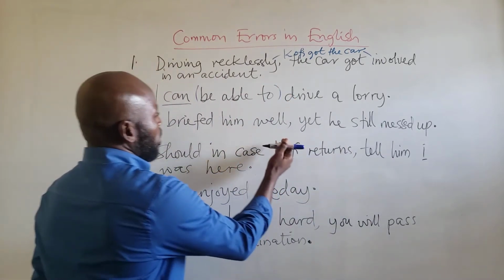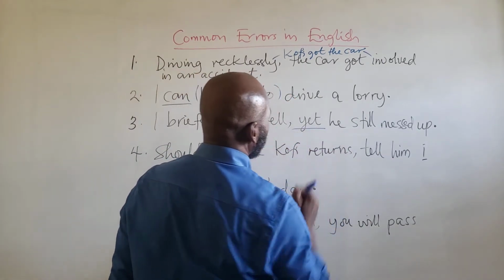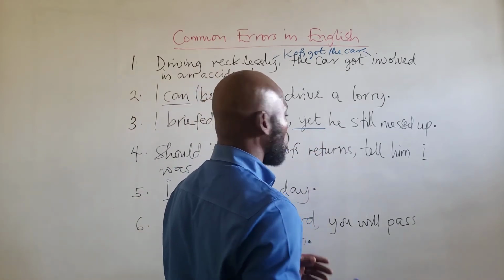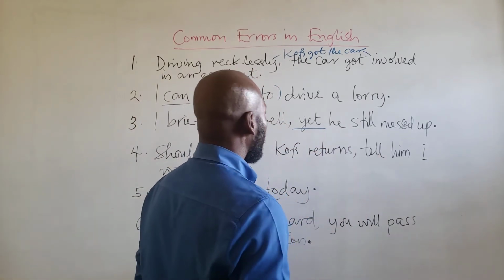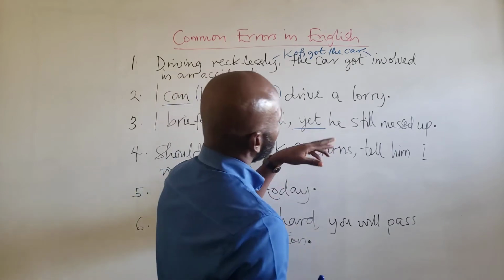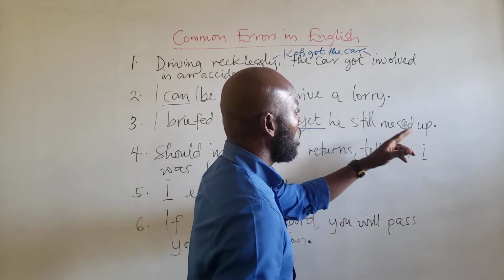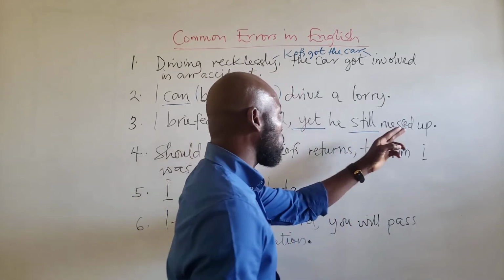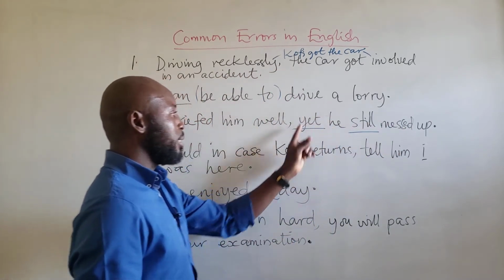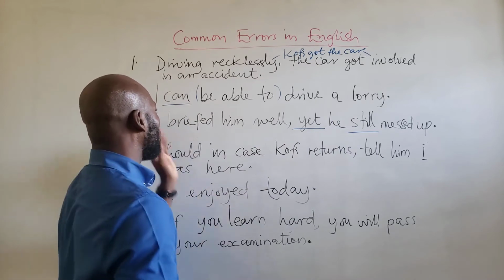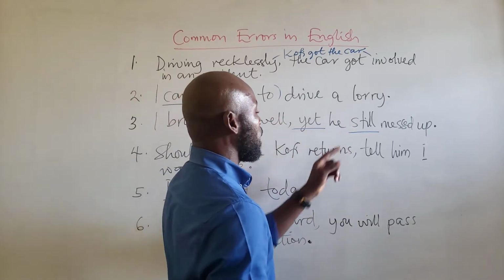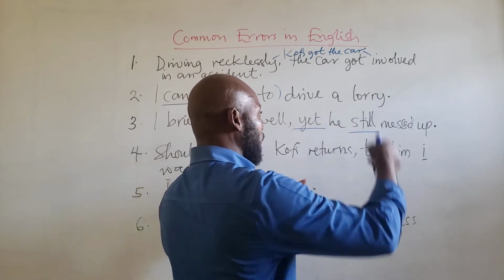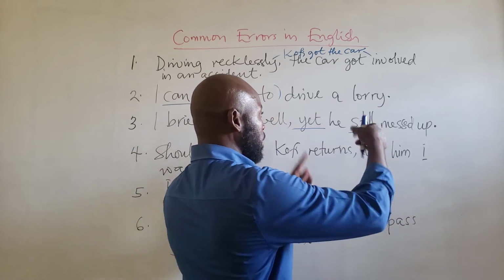I briefed him well, yet. Yet is a subordinating conjunction, because it introduces a clause in this sense. So he still messed up. Still is an adverb, but in this particular sense, still and yet mean the same thing. Never use them together, whether they follow immediately or there is a pronoun or a noun phrase in between them.